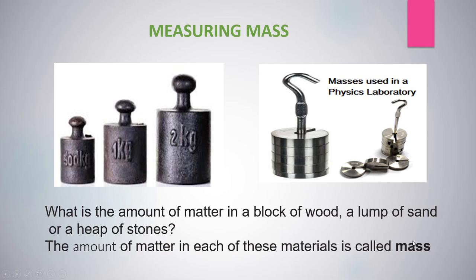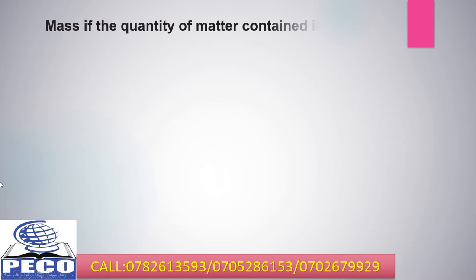That amount of matter in these things, sand, wood, a wall, anything, even in your body, is the one we call the mass of a body. So mass is the quantity of matter contained in the body.